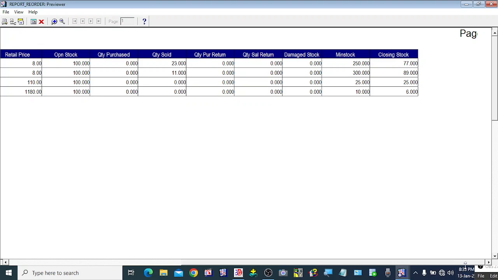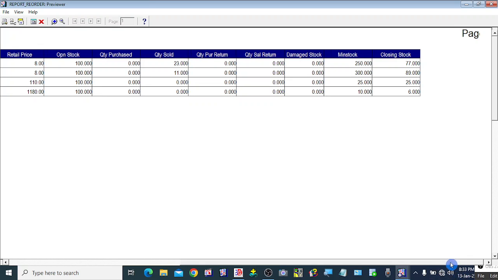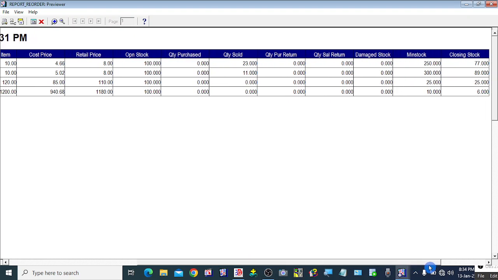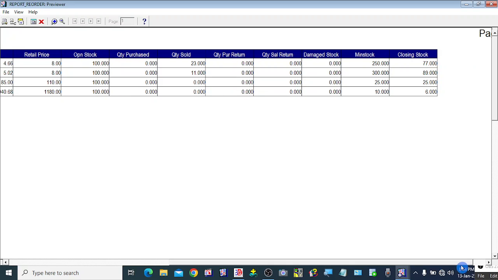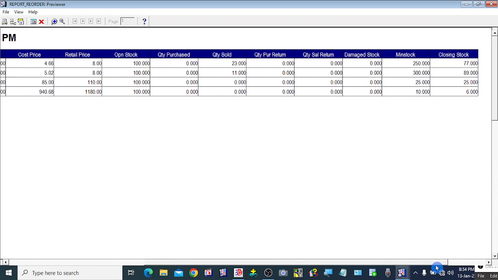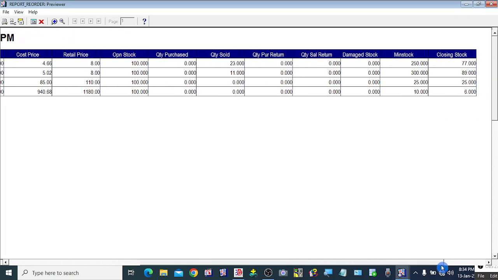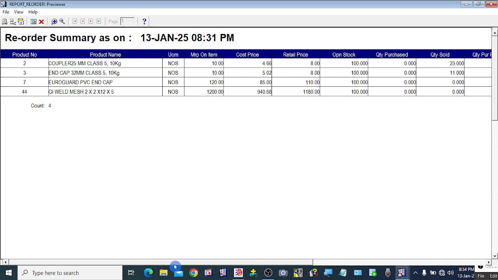Based on that, they will place new orders to their suppliers for the purchase of that product. So instead of doing it manually, by setting up a minimum stock level, we can very easily understand how many products reached the minimum stock level with the help of reorder report.